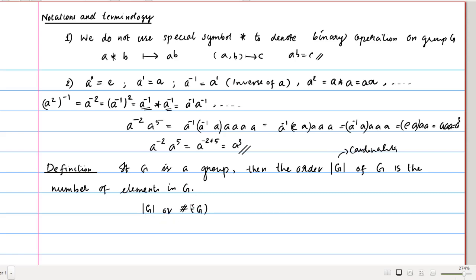So these are the symbols for the cardinality of G, and the cardinality of G is called the order of G. Please note this symbol for the order of G.